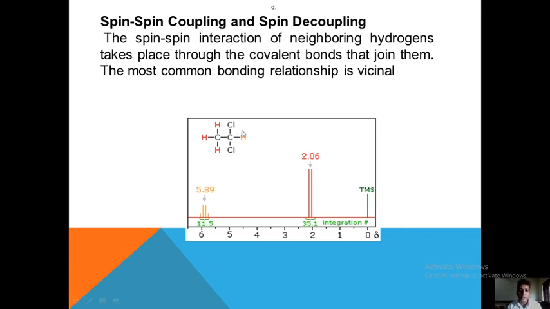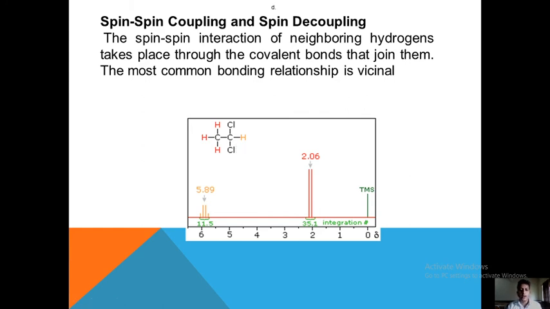For example, if this hydrogen is spin decoupled, then this CH3 will give a singlet, since there is no adjacent hydrogen. While if we hide this CH3 proton, in the same way this CH will show a singlet. So the quartet changes to a singlet due to spin decoupling.